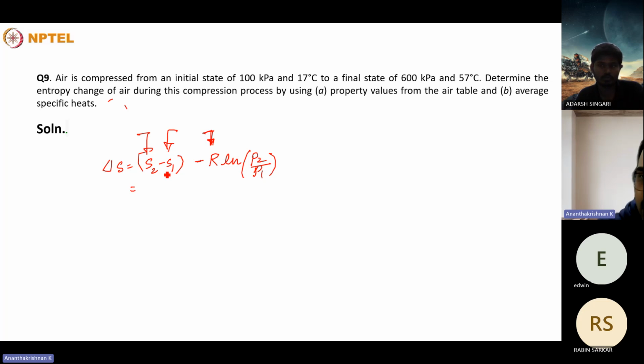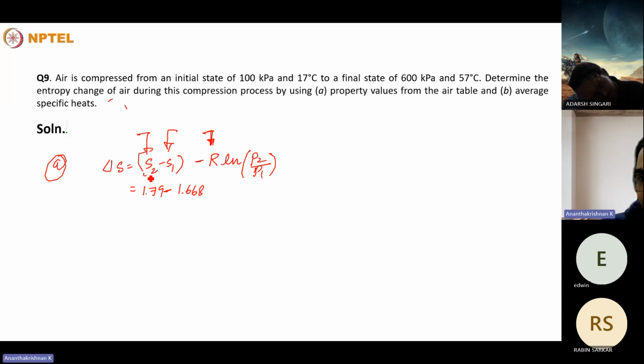I just want to show the variation between these two processes. From the property values, S2, the entropy at state point 2 at 600 kilopascal and 57, is 1.79 kilojoule per kilogram Kelvin. And S1 is 1.668.